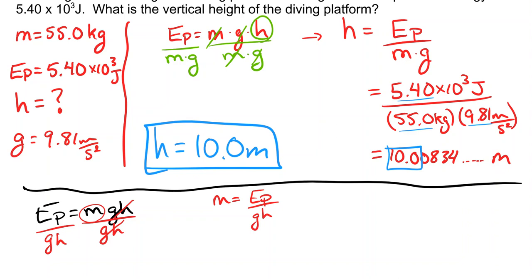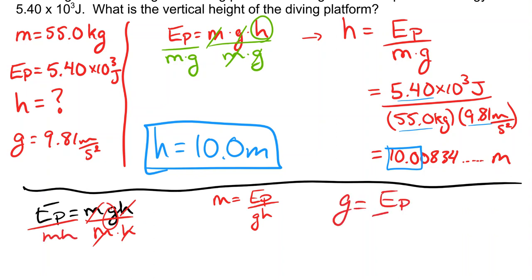If we wanted to get g by itself, say because we're on some other planet that doesn't have the same gravity as us, we divide by m and h. So g is EP over mh. So you've got your three rearranged versions of the equation there.